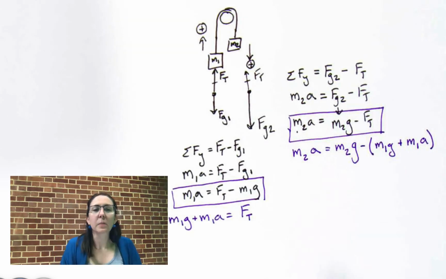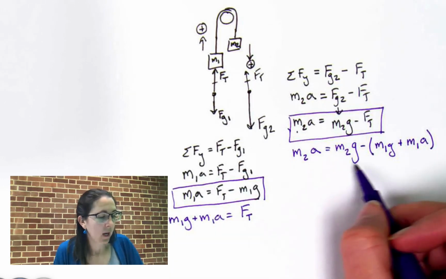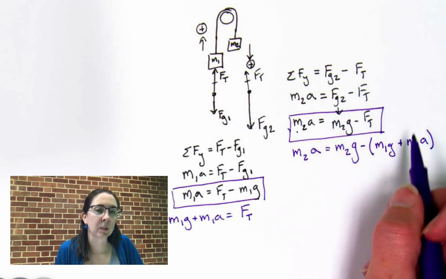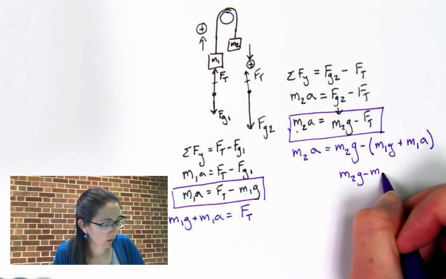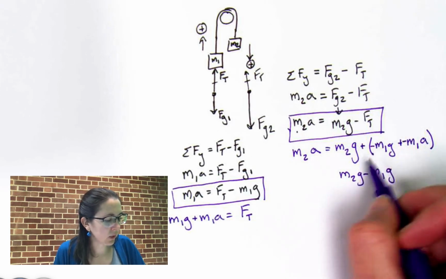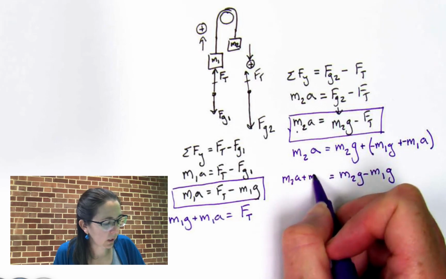All right, this is becoming a bit of a mess, but from here on out it's just a bunch of math. So I'm going to pull everything with an A to one side and everything with an M to the other side. So I get M2G minus M1G. This is going to become a negative, right? You can pull this negative through, so when it moves over here, it's going to be positive. So M2A plus M1A.